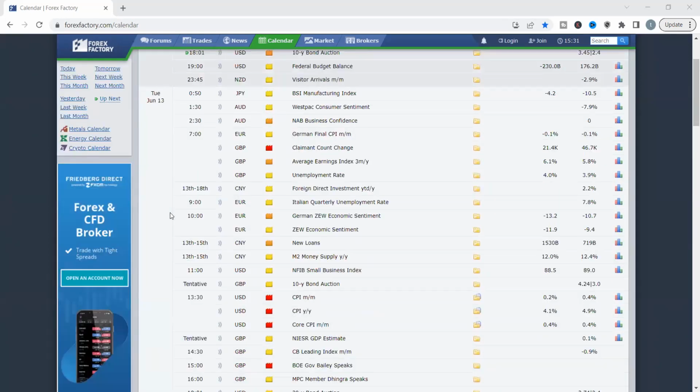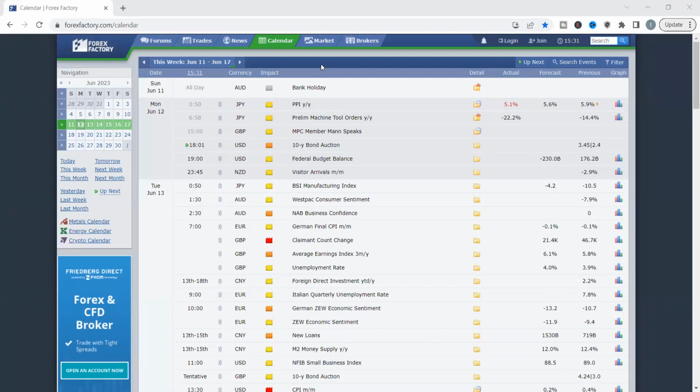But then I always inform traders that you don't need to pay attention to all the news. Why? Because some of them are not as important as others. Like if you check the impact, the first one here is non-economic, which is bank holiday.